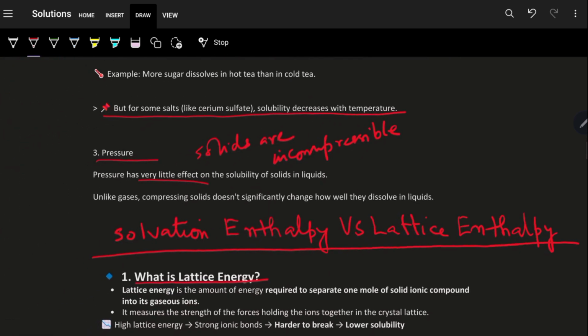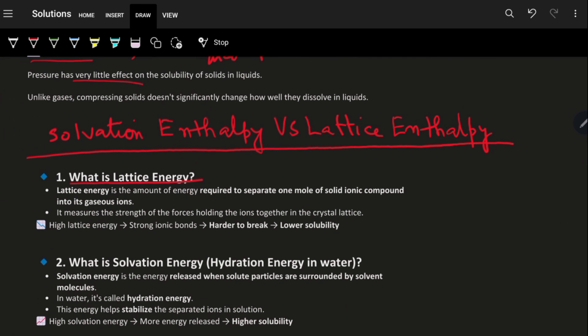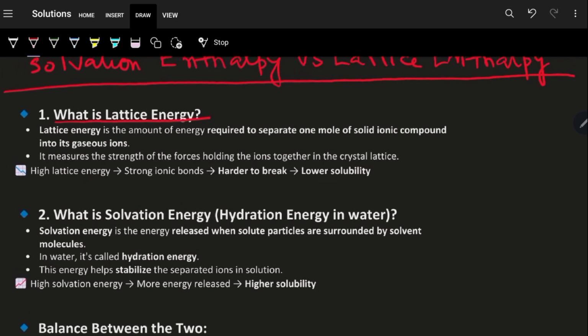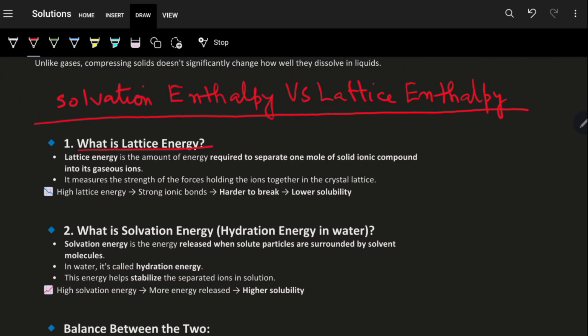So this solvation enthalpy and lattice enthalpy have a close relation. What is the relation? If solvation enthalpy is high, that means more energy is released on account of solvation, and that is a stabilizing factor that causes more solubility. So high solvation enthalpy means more energy released, solubility is increased.